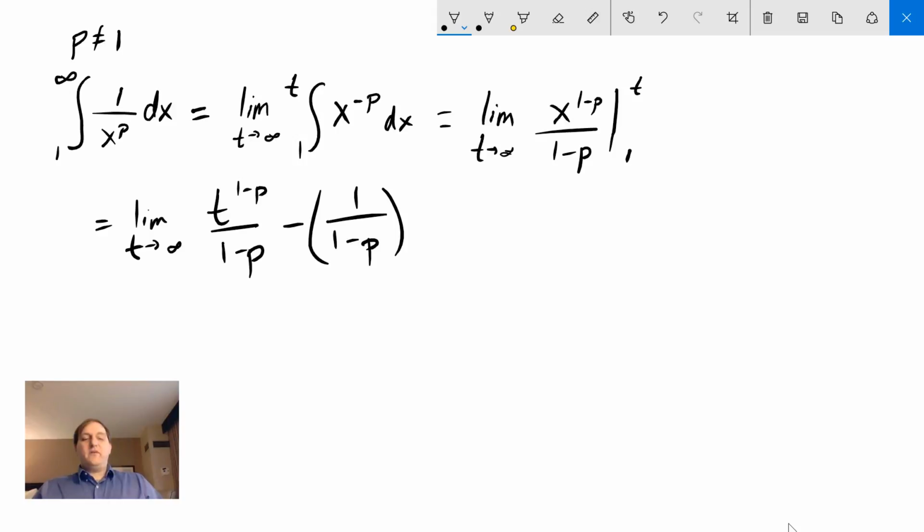All right, so then the question is, as t goes to infinity, does this converge or diverge? Well, this part right here just always converges. So the question is, when does this converge?